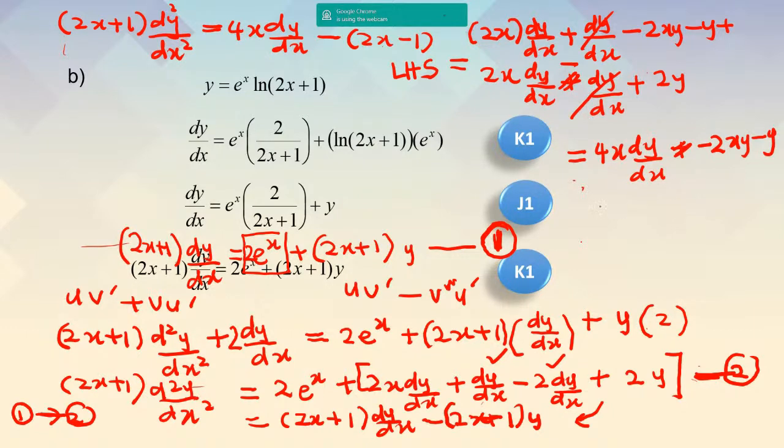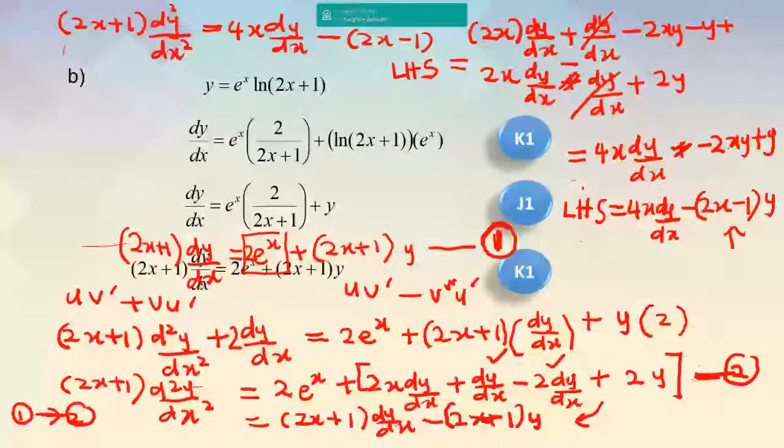Copy the left hand side, then for x dy over dx, factorize 2x minus 1. When we expand this one, we will get negative 2xy plus y. So shown.